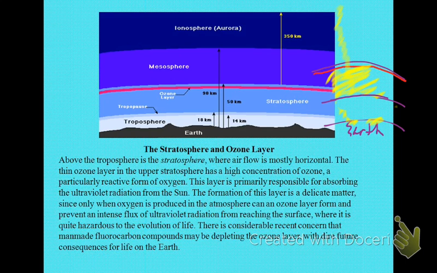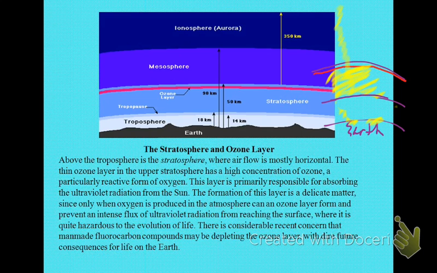The formation of this layer is a delicate matter. It says that when oxygen is produced in the atmosphere it is called ozone, and it formed to prevent the influx of ultraviolet radiation from reaching the surface. So not only is it doing that, it's also protecting us. Ozone up in the air is a good thing. It's protecting us from that ultraviolet radiation.